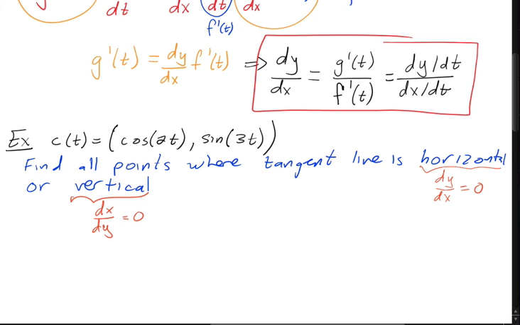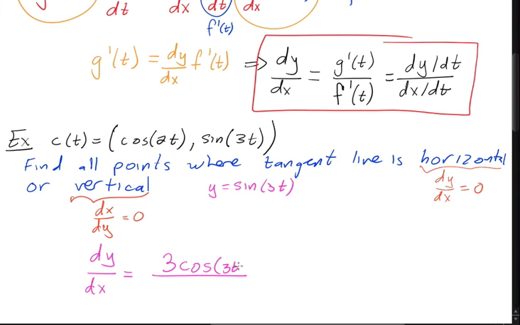Derivative. So dy over dx is equal to dy over dt over dx over dt. So what is y in this case? Sine of 3t. Okay. So then that means that dy over dt is equal to 3 cosine of 3t.